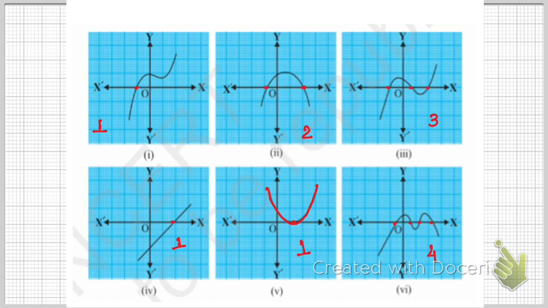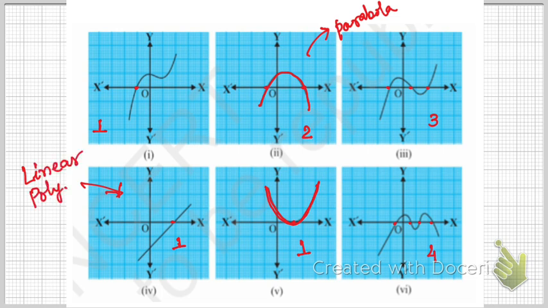So the fifth one and the second one are the graphs for a quadratic polynomial. Why? Because we are getting the graphs as parabolas. These two are parabolic graphs, right? And this fourth one is for a linear polynomial, because here we are getting a straight line.